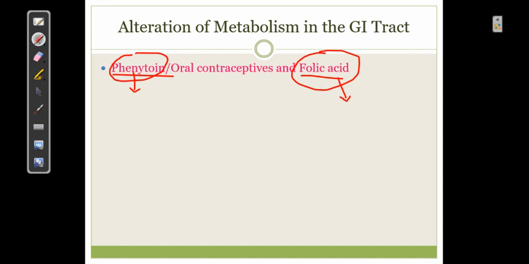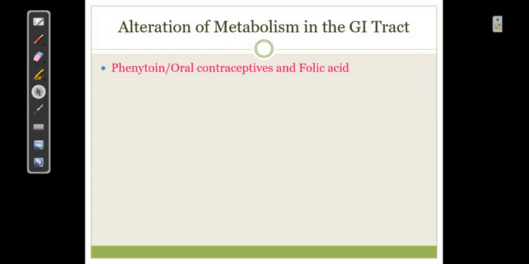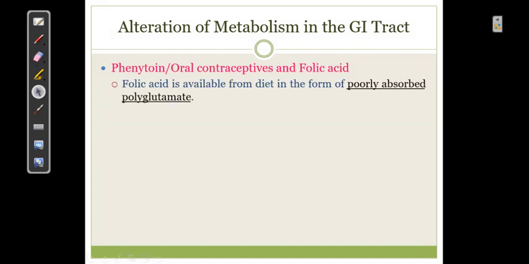So let's check how phenytoin leads to folic acid deficiency, how it reduces the absorption of folic acid. You know that we take folic acid directly from the diet. Bacteria use PABA-like sources to synthesize folic acid, but in humans it is available from the diet, in a poorly absorbable form, that is the polyglutamate form.